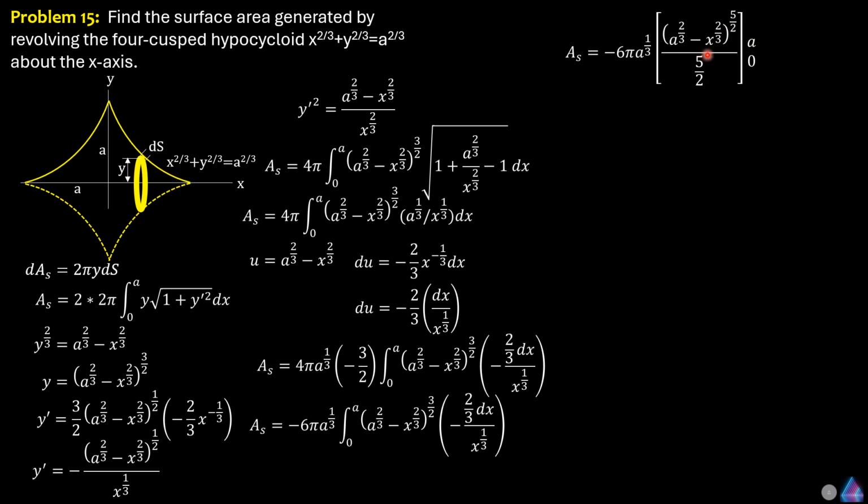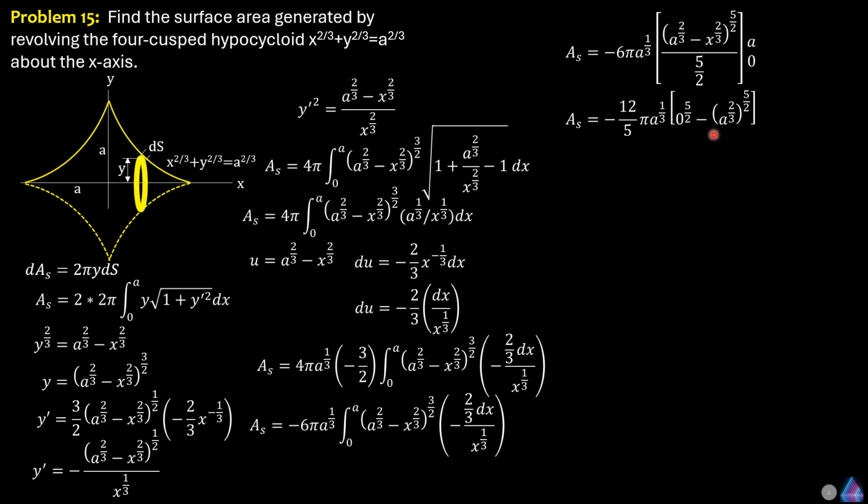So when x is a, this is 0, but when x is 0, we have minus a to the 2/3 to the 5 halves. So negative 6 pi a to the 1/3 divided by 5 halves. That's negative 12 pi over 5 a to the 1/3, then quantity 0 to the 5 halves minus a to the 2/3 to the 5 halves.